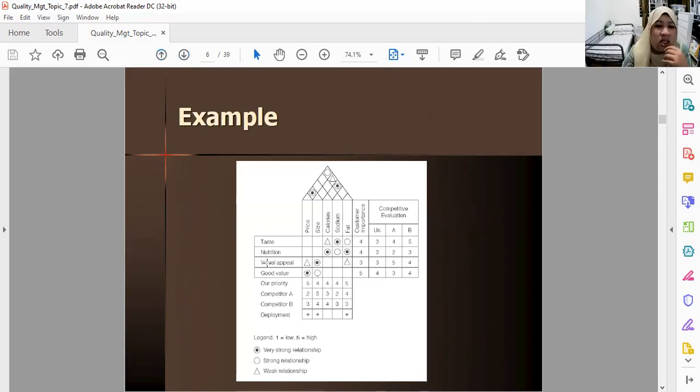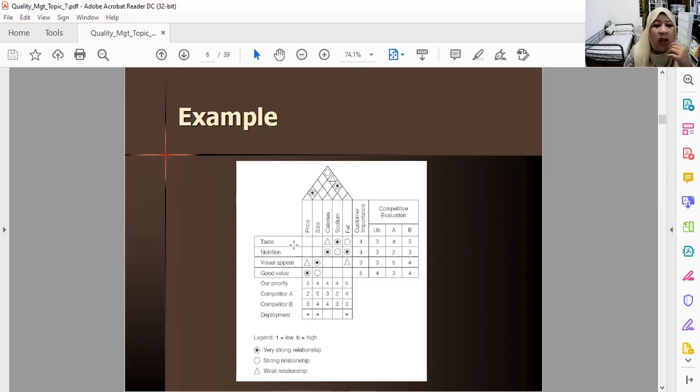So you can see this in terms of the taste, nutrition, visual appeal, and also the good value. I believe this is something like a product. In terms of the food, there is taste and nutrition here.